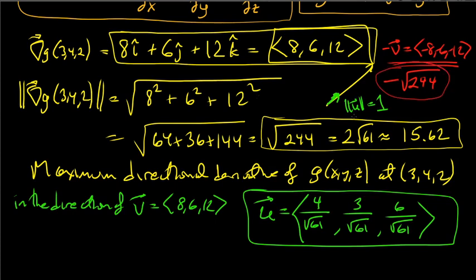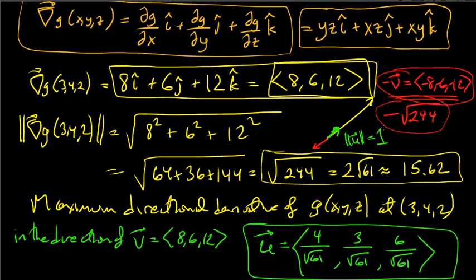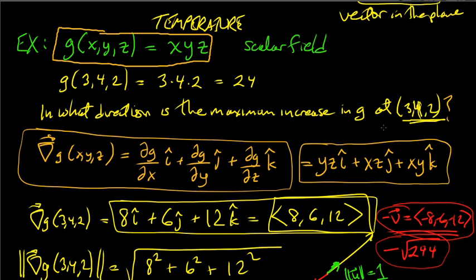You're going where it's colder, not warmer. The book phrases it as a minimum increase, but that implies it's kind of an increase, and you're not increasing your temperature, you're decreasing it. So I hope that helps.